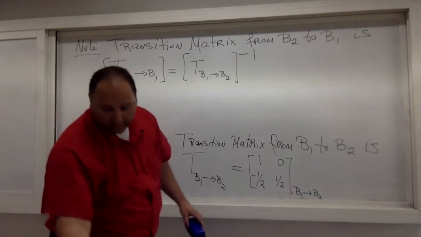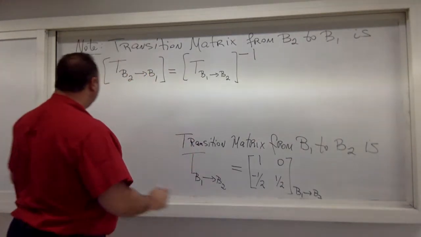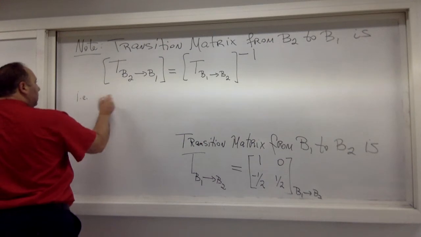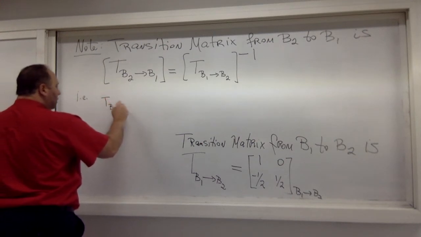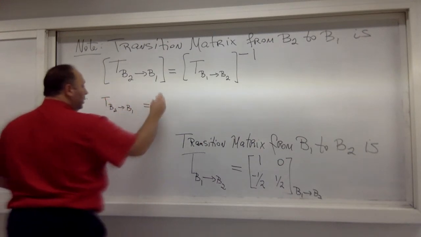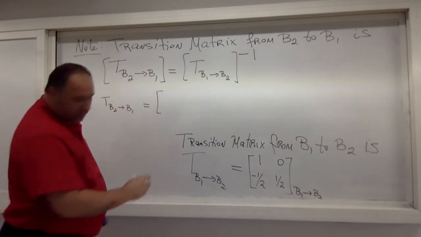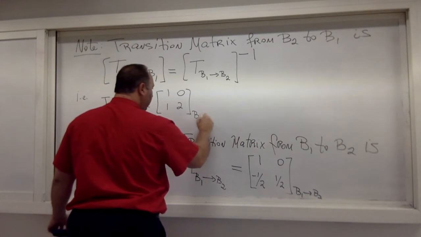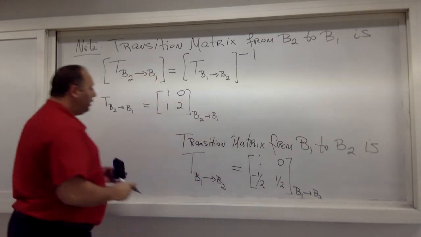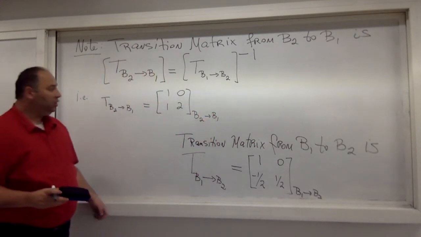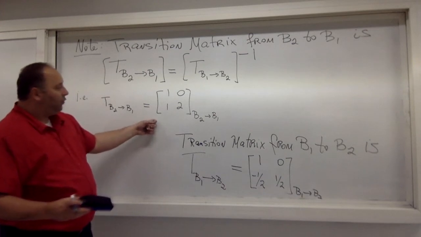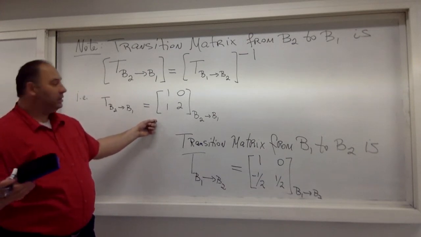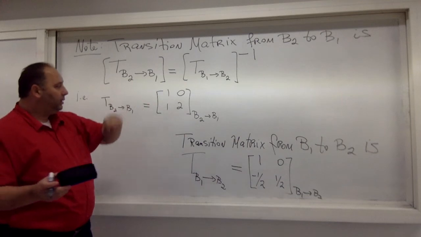So somebody computed the inverse, and the inverse, from B2 to B1, the inverse is cute, is 1 1 0 2. So this is going from B2 to B1. So if somebody gives you coordinates of a vector in basis B2, to find the coordinates of the same vector in basis B1, all you need to do is multiply by this matrix.